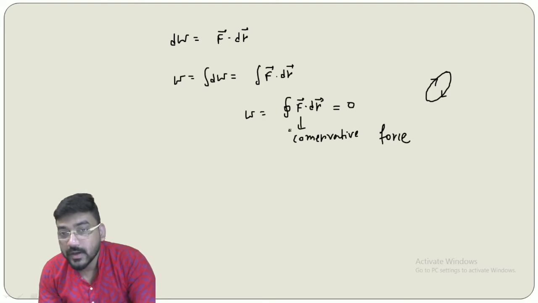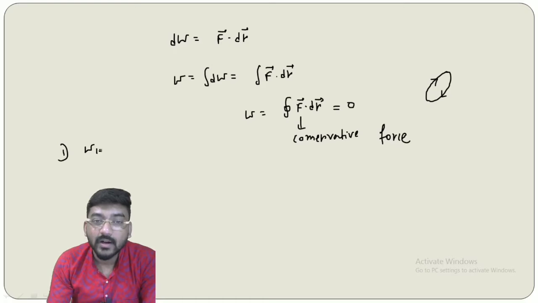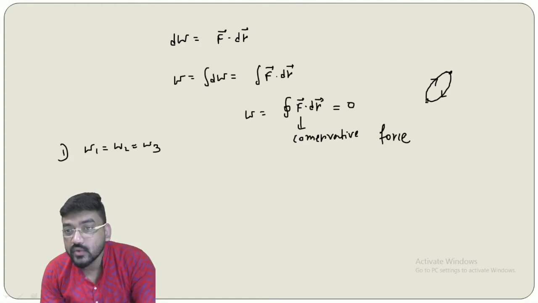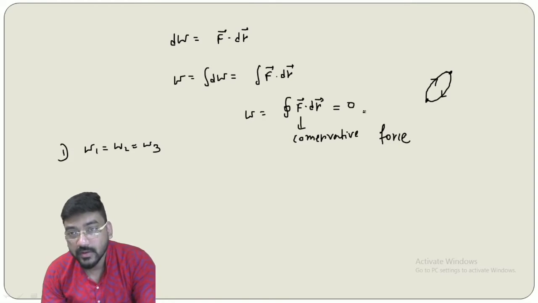So what are the properties of conservative force? First, obviously, the work done along each and every path, if your initial and final points are the same, then you can choose an infinite number of paths between these 2 points, but you will always get the same work done if F is a conservative force.